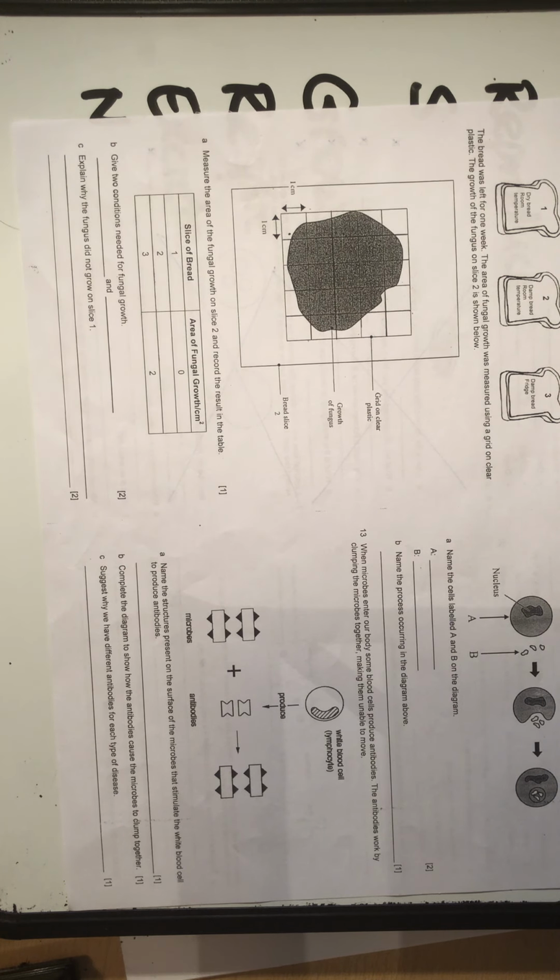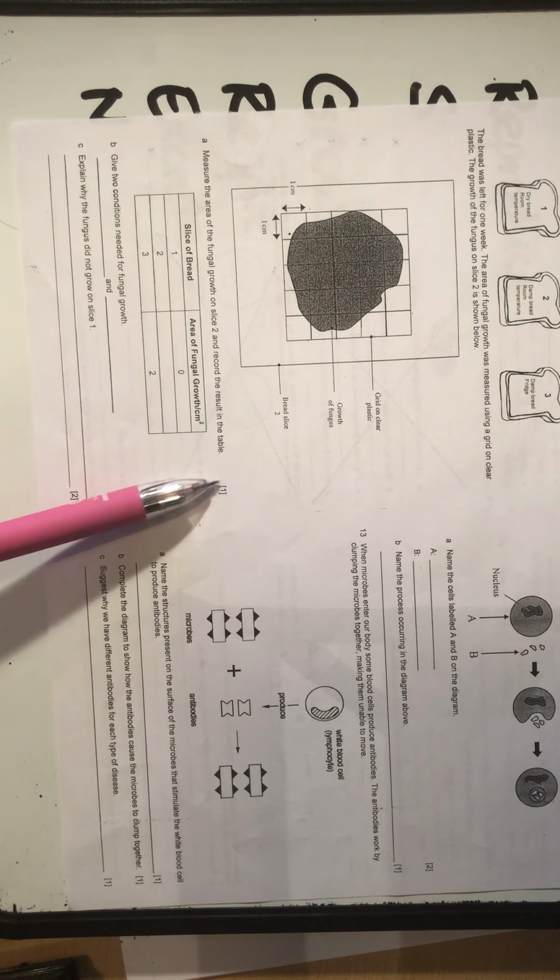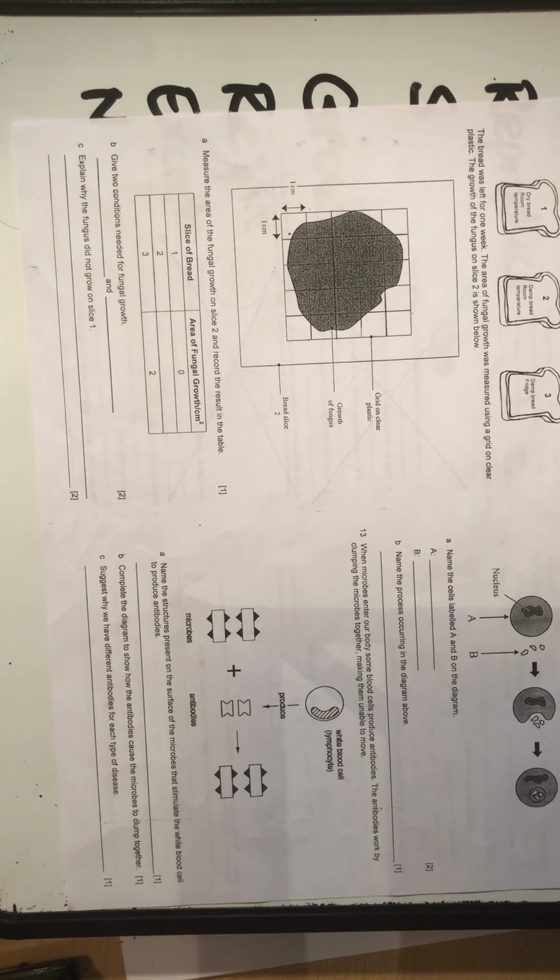That was an easy mark to pick up. So, bit of advice, next time you're doing tests or questions, make sure you read everything carefully. Okay, because that was an easy mark just for counting. I think one person wrote a range of results, but that's not going to get you any marks. You have to put in one measurement. 2 conditions needed for fungal growth.